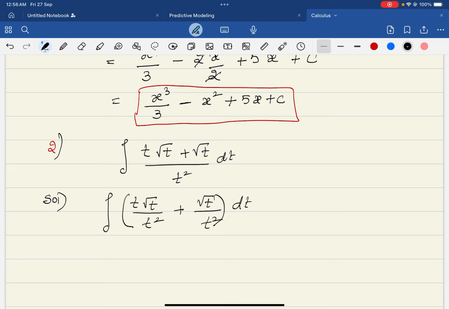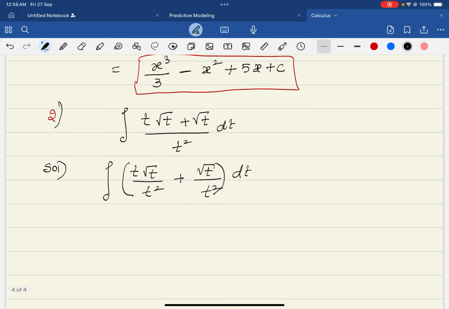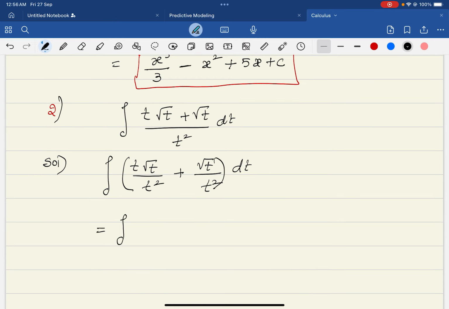Now how will we rewrite this one? One t gets cancelled, right? Here t over t square, we can cancel. So we can write it as root t by t plus root t by t square. Root t by t square means t into t. We know that t can also be written as root t times root t.